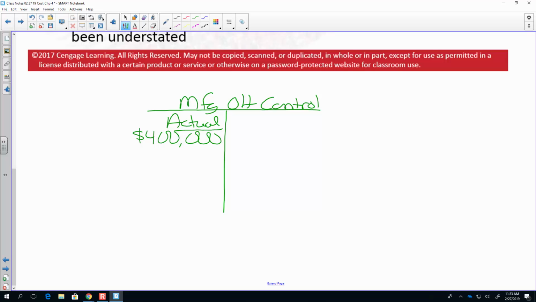I'm going to debit manufacturing control and credit what for depreciation? Accumulated depreciation. Very good, right? Does that make sense? Or if I have insurance expense, I don't use expense, I use manufacturing control, debit, insurance payable, credit. Or salaries expense, instead of expense, I'm using manufacturing control, salaries payable, credit. Are we on the same page?